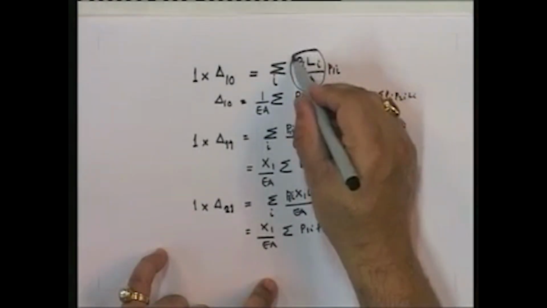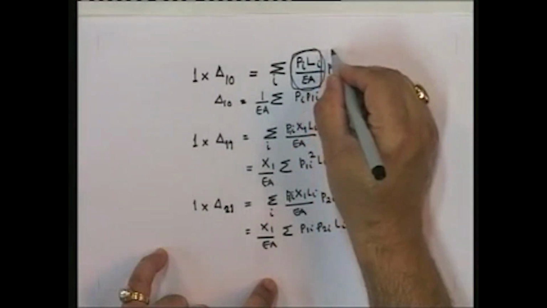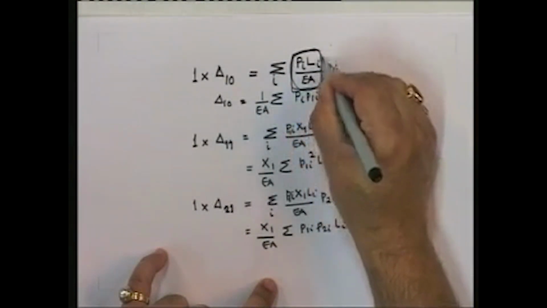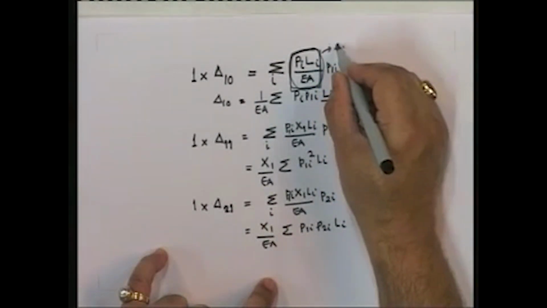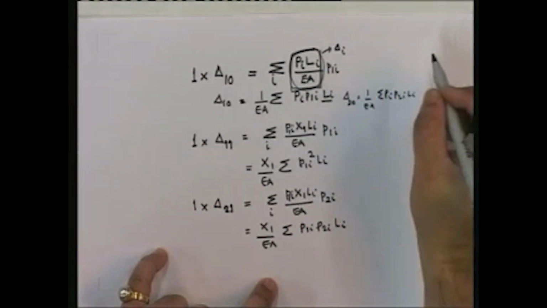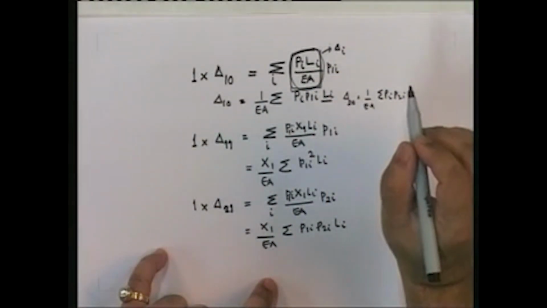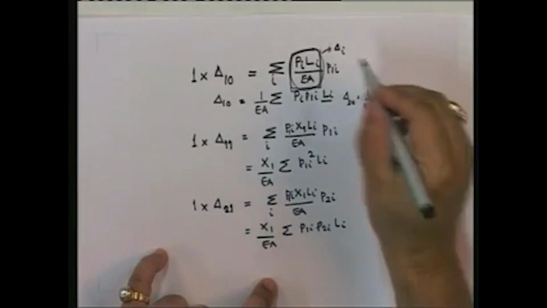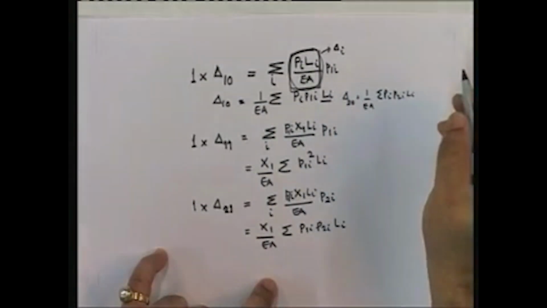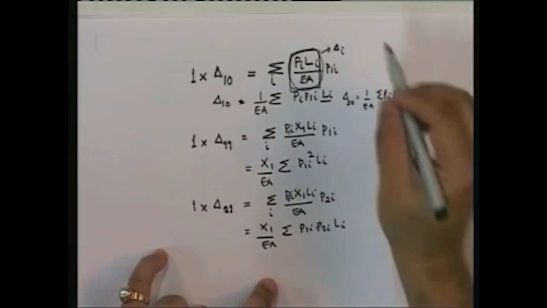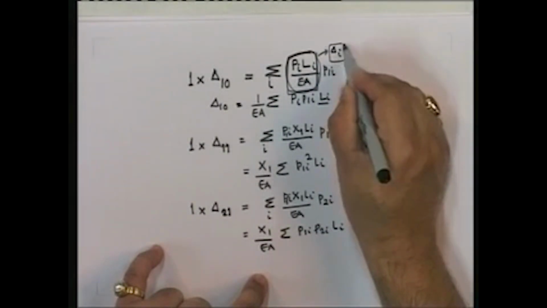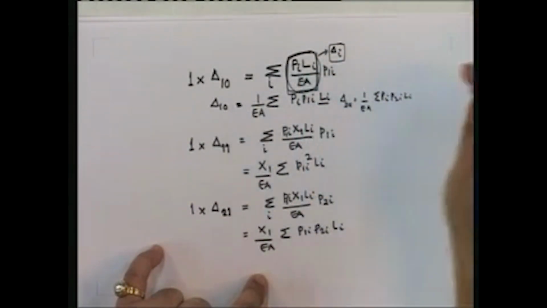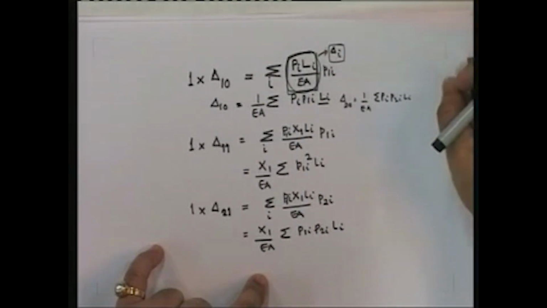Note that this term is nothing but the real deformation in the i-th member because of the loading. Now in the temperature problem, all that happens is you calculate the deformation in the member directly. So you don't calculate forces, you calculate the deformation directly, and your problem statement becomes this way.